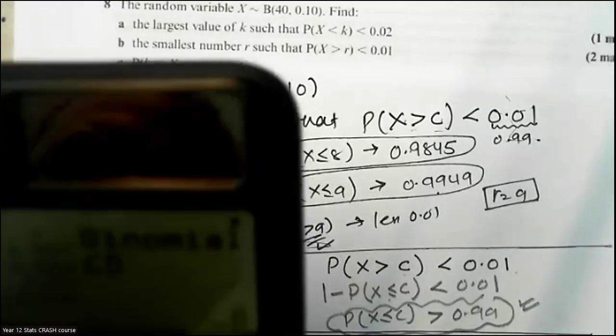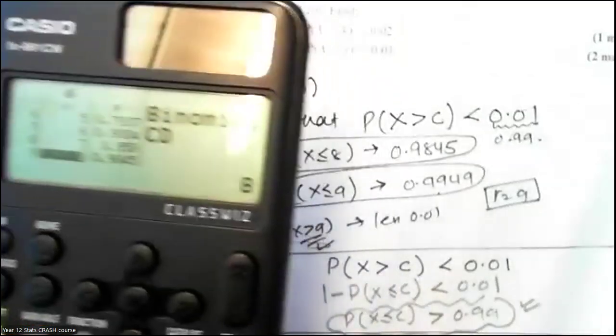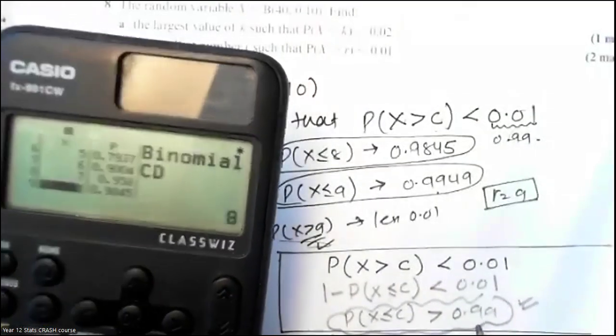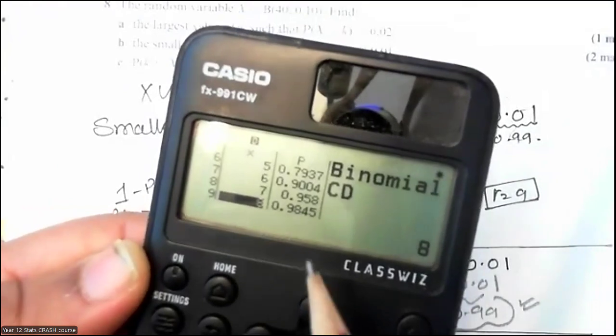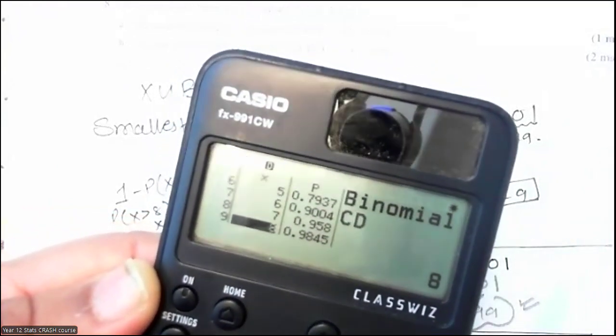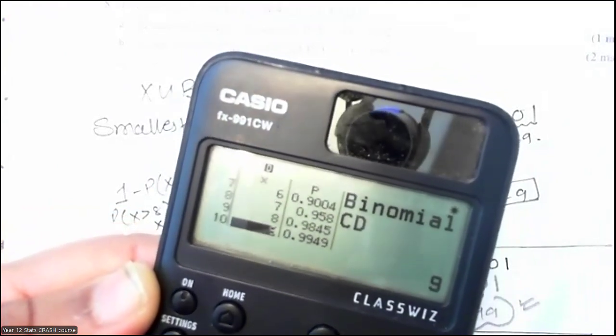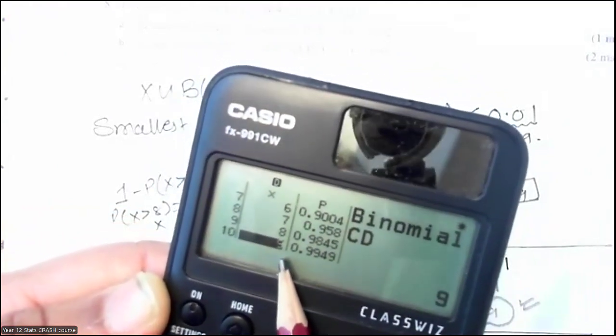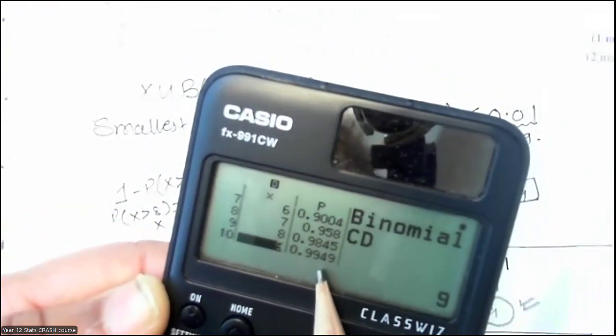Okay, so I got the calculator, I put the values in, and I want to see the first time when probability crosses 0.99. When x is equal to 8, it is 0.98, and when x is equal to 9 here, it crosses 0.99.